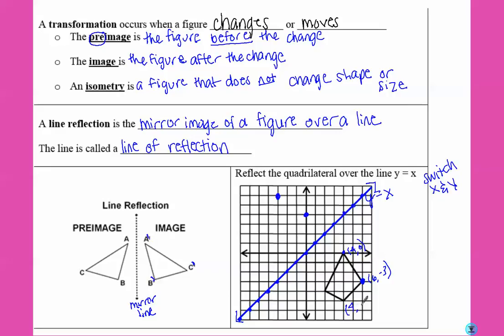This is at 4, -5. So we're going to go -5, 4. And our last one's at 2, -4. So we're going to go -4 and 2. Now we can connect them to draw our quadrilateral.